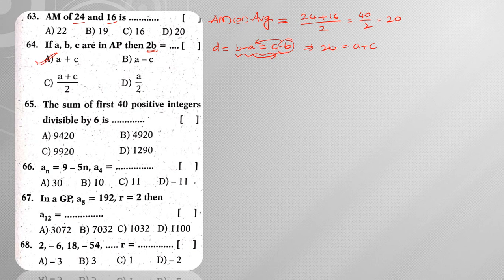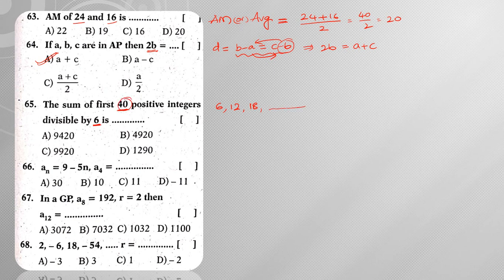Next, the sum of first 40 positive integers divisible by 6. You need the sum of the first 40 positive integers divisible by 6. The first positive integer divisible by 6 is 6. After that you will be getting 12, next 18 and so on.